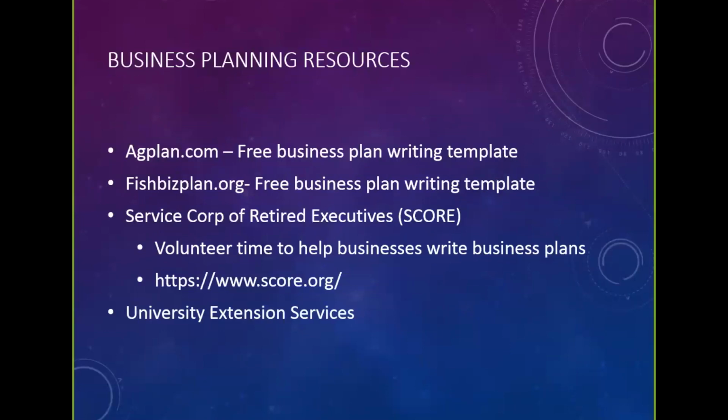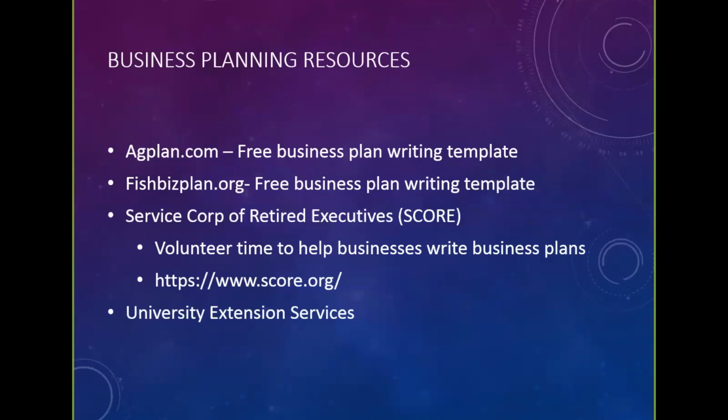It's focused mostly on traditional agriculture. They also have an ag transition plan. So if you want to pass your farm down to your children or your grandchildren, it helps you do that smoothly, or if you want to go out of business, how to do that smoothly without being abrupt.